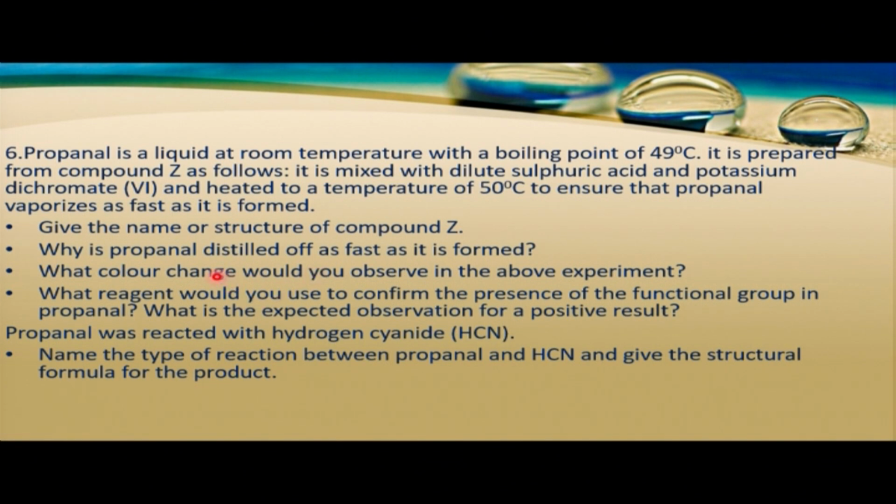So you can try all these other questions. The reagent we can use to confirm the functional group, that is for the chemical test. And we give the structure of the product when propanal reacts with hydrogen cyanide, the nucleophilic addition reaction. You remember that. So you will try the exercise.